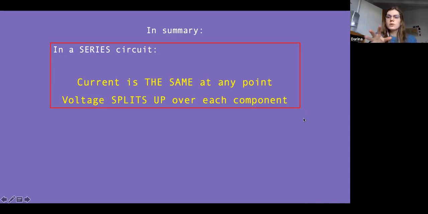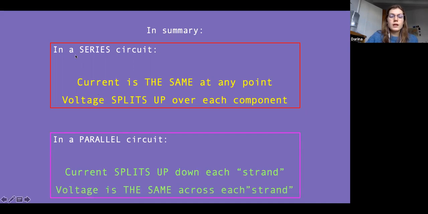So if you took a random point in a series circuit, the current would always be the same, but voltage across each component is different. And secondly, in a parallel circuit, we see that current splits up down each branch or each strand, it's sometimes called, but voltage is the same across each branch or each strand.